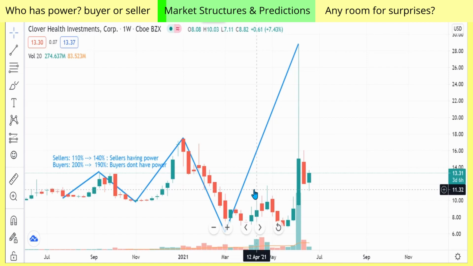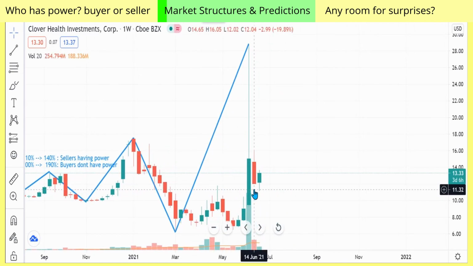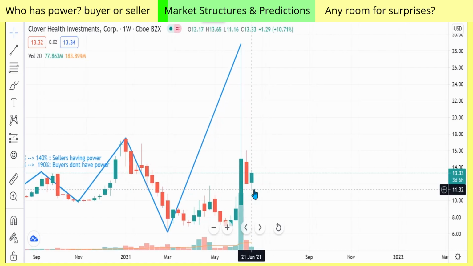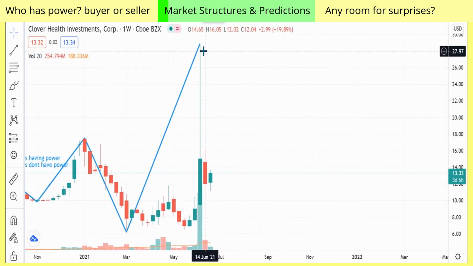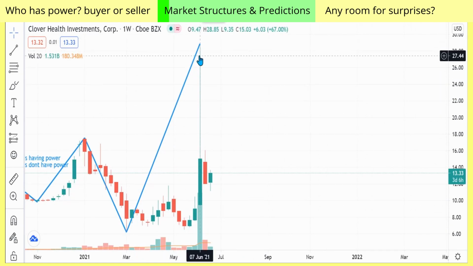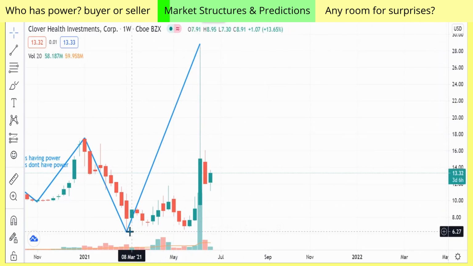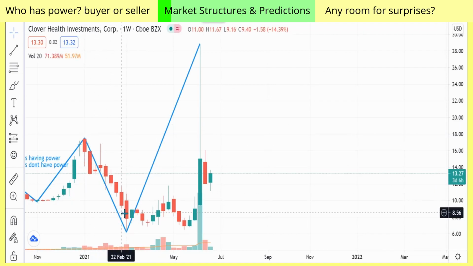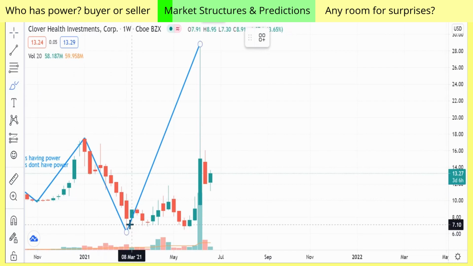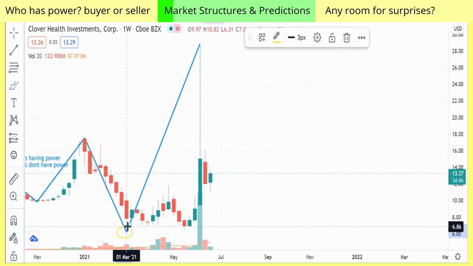According to the theory, this technique is called the arch technique. According to this theory, the sellers can push the price down all the way to the previous low. Now we see that the previous low was somewhere around here, so let me draw a circle around it. This was the previous low, right?